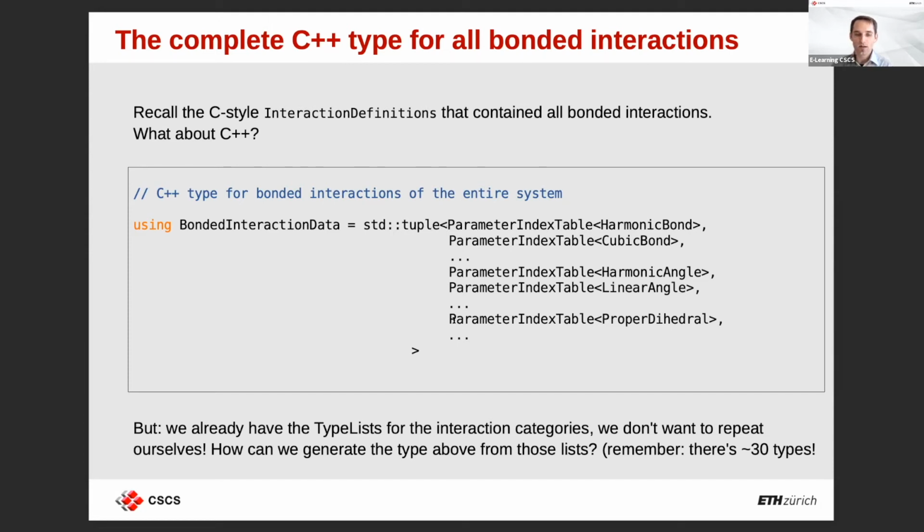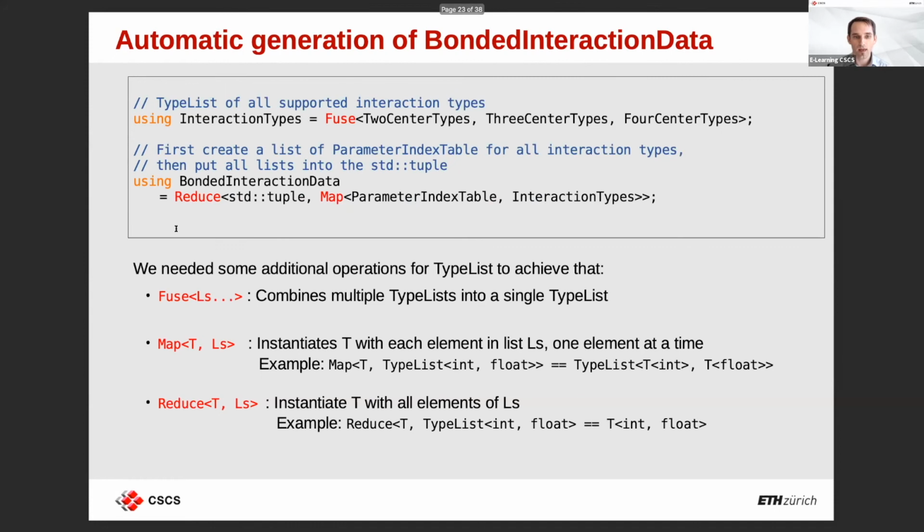Instead, it would be much nicer if I could just generate the tuple type from the type lists I already have. And we can do that indeed if we use some more meta functions that operate on type lists.